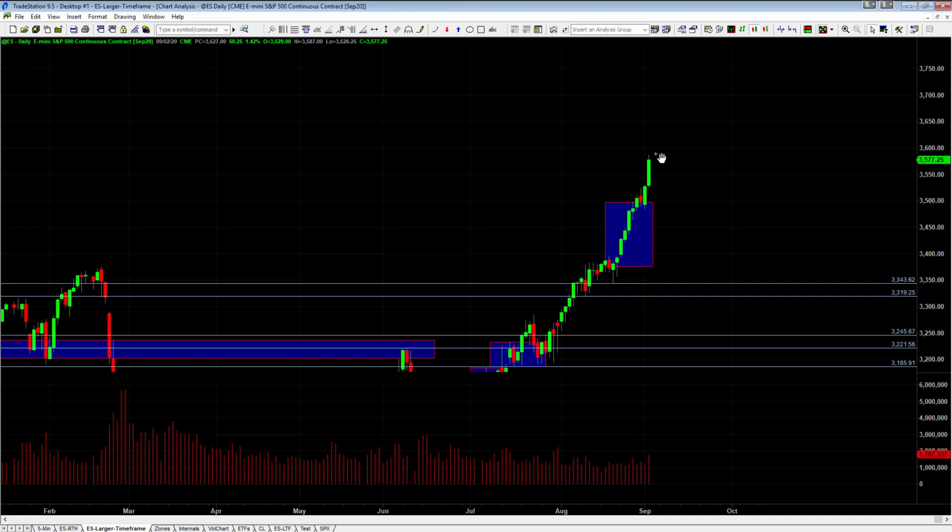I'm not saying we're closer to an all-time top. As a short-term trader, that's not really my concern. But from here on out, can the market go a little bit higher? Sure, but it's definitely getting overdone. It's definitely feeling like it's closer to a short-term top. And I would be careful.